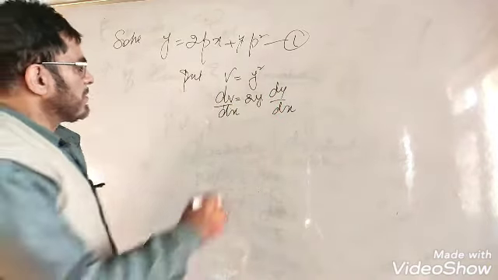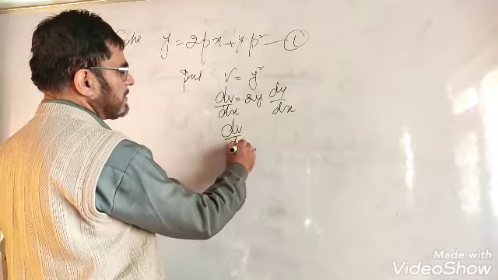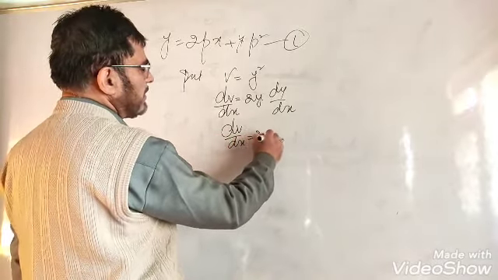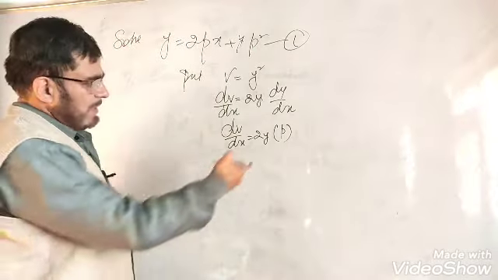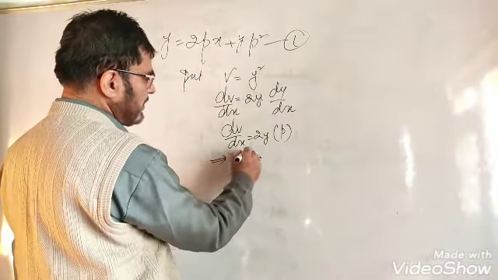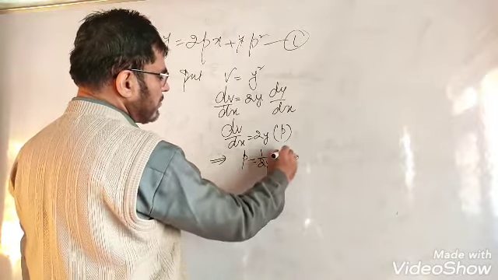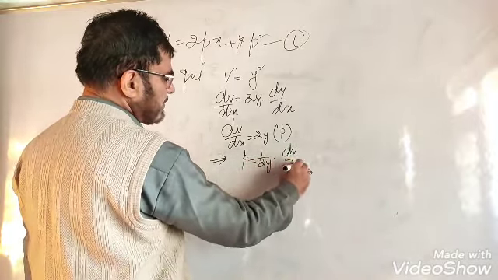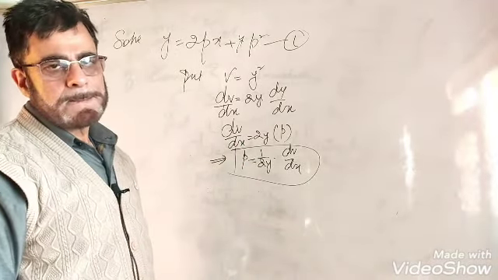So you can write dv/dx = 2y p, because here p stands for dy/dx. From this you can get p. Your p will be 1/(2y) into dv/dx. You have got this p.